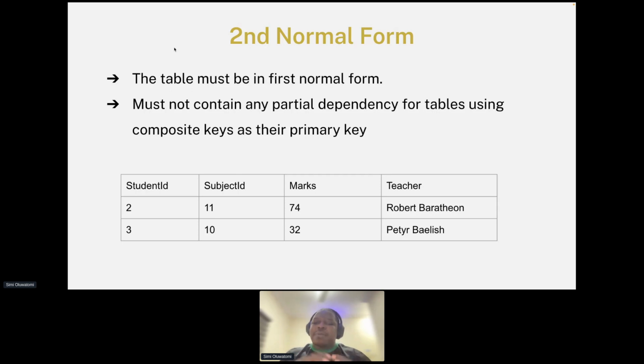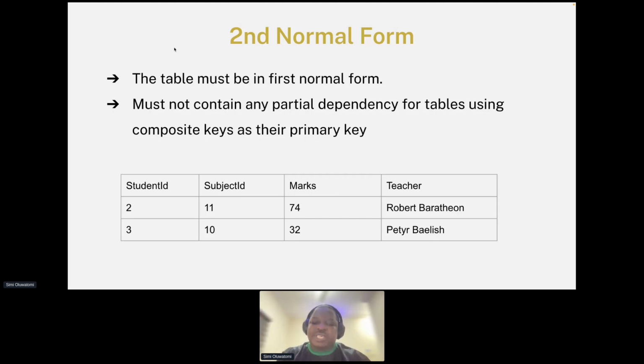Now, what happens is that we usually make the assumption that, I don't want to store this data in that old table, let me just put it in this new table. No. If that data depends on only one member of that composite key, then it should be in the table of that member.